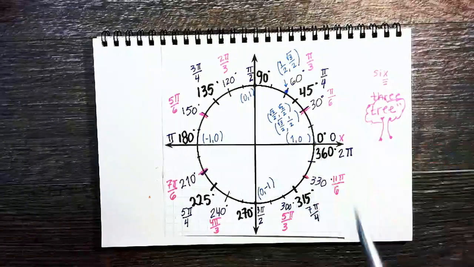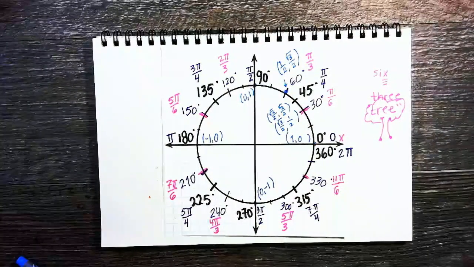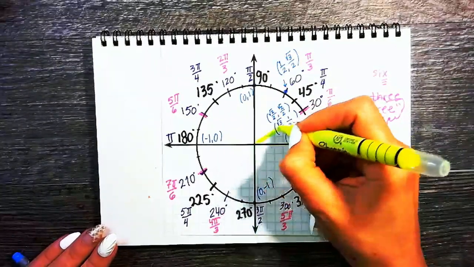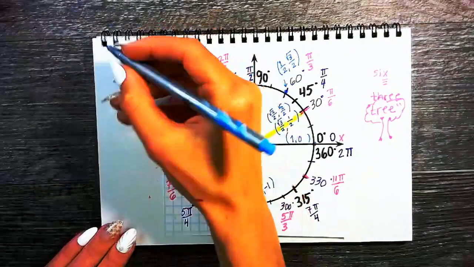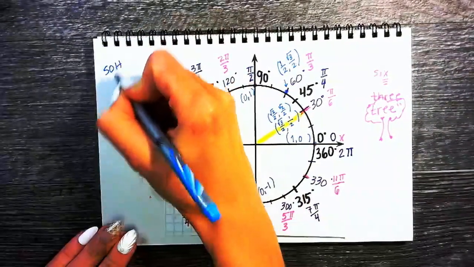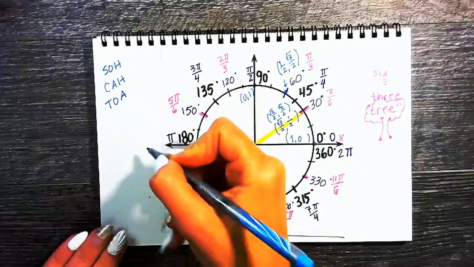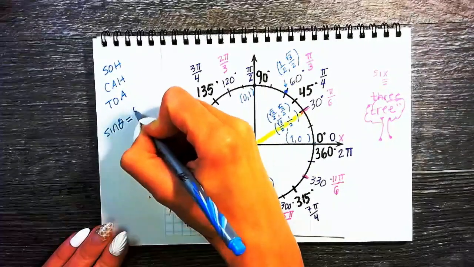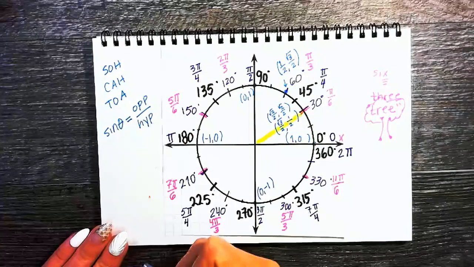Now, if for some reason I needed you to tell me one of the trig ratios of 30 degrees, we went over the trig ratios, SOHCAHTOA, that you learned in geometry. The sine of an angle is equal to the opposite over hypotenuse.